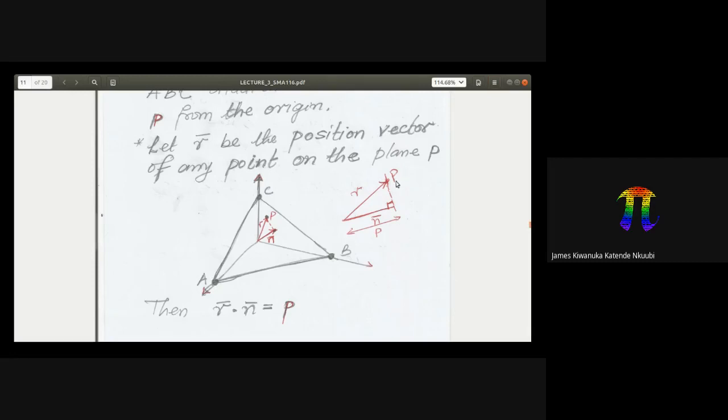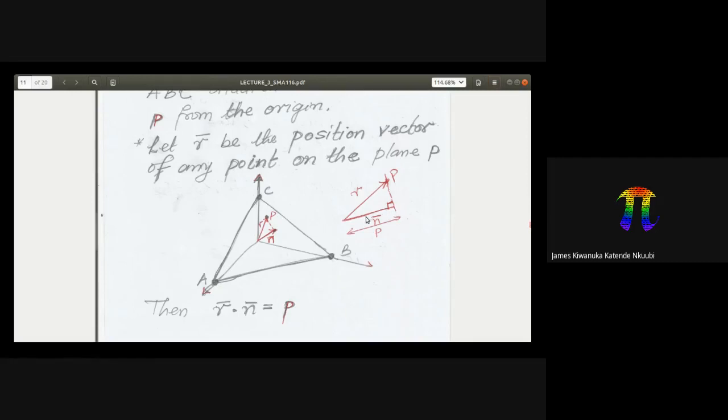So if you pick any other point on the plane, this distance from the origin to the plane will simply be the projection of r on the normal. If you project this vector r on this normal, the projection can be longer than the vector itself. You have to drop a perpendicular to this vector, and the projection is the length from here to the point at which the perpendicular hits this vector.